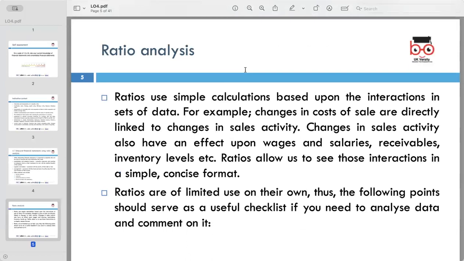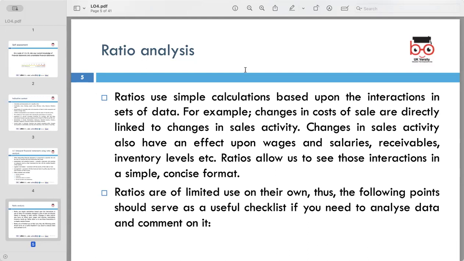Ratio analysis. Ratio analysis serves as a powerful tool in dissecting financial statements, offering valuable insight into the performance and financial health of a company. These ratios are derived from simple calculations that encapsulate the interactions within a set of financial data.